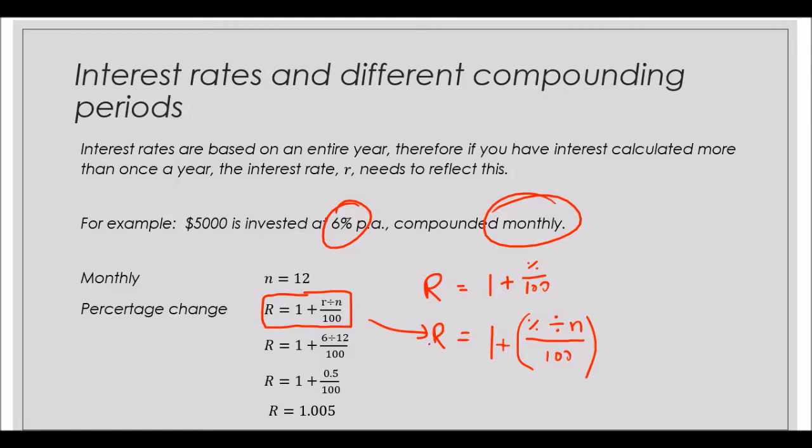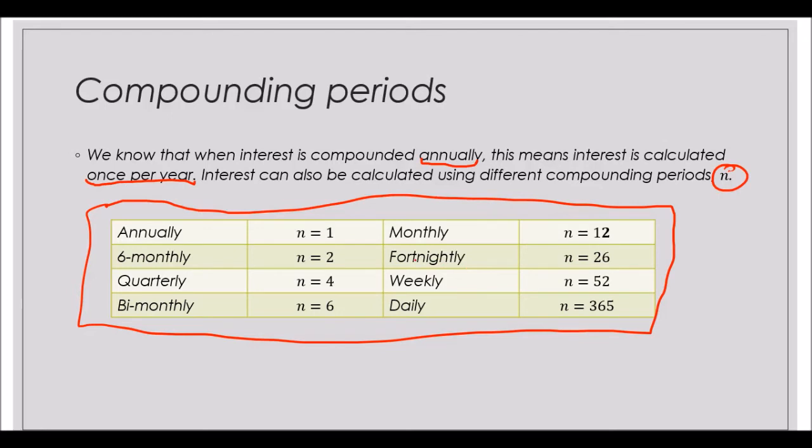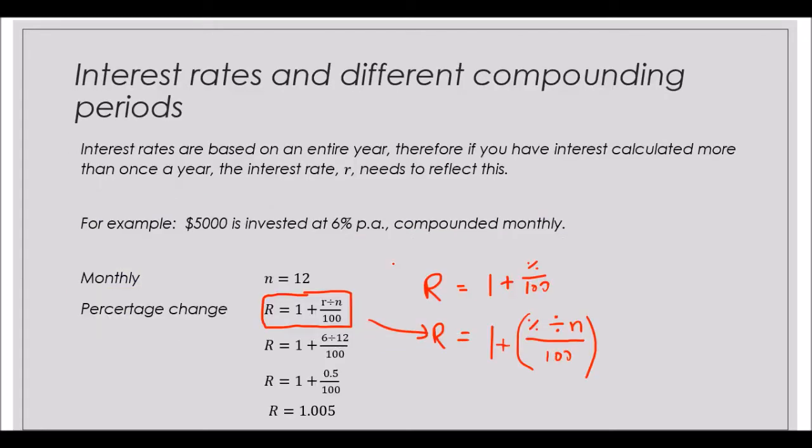All right, and so if that's the case, using our formula here that we learned, it's going to be 1 plus the percentage rate, which was 6 right there. So that's why we put 6. And the N refers to, see how it's 12? It refers to how many times it compounds. So if it's compounding monthly, it's going to be 12. Let's go back to this. If it was compounding fortnightly, the N here will be 26.